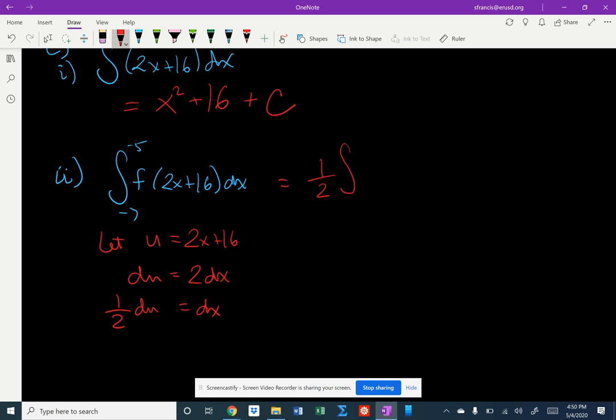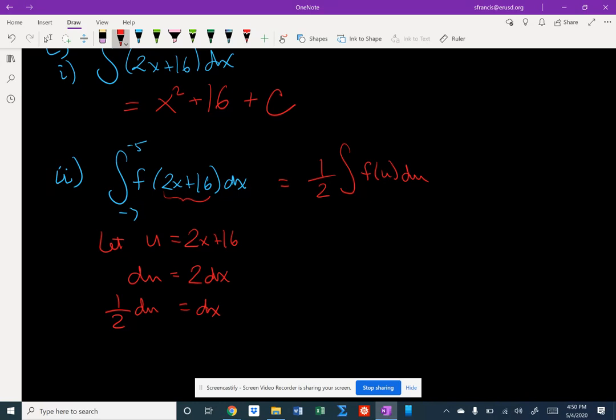I will deal with the limits of integration in a moment, okay? And then the integrand is just f of u du. The 2x plus 16 becomes u, because that's what this first line says down here. And the dx, remember, is the half du, so that's where those go.